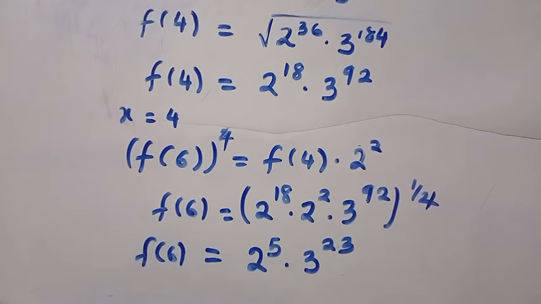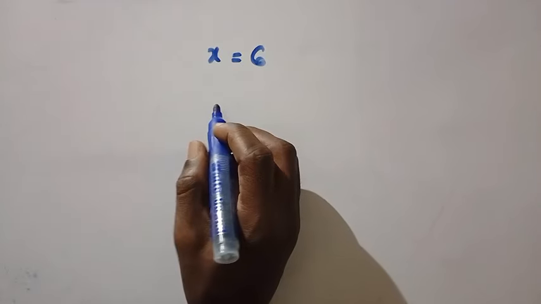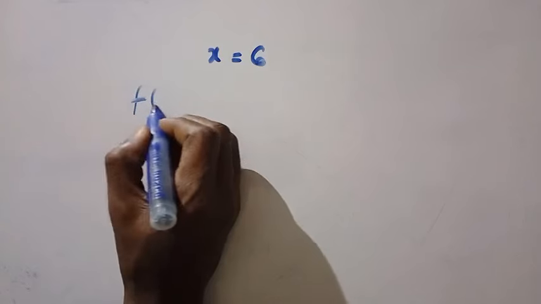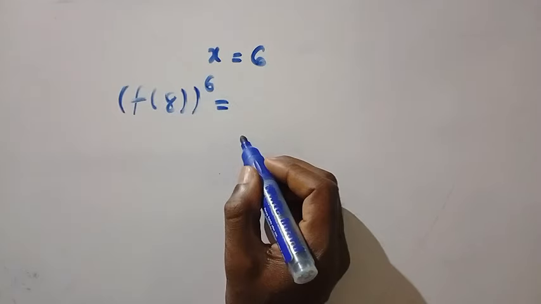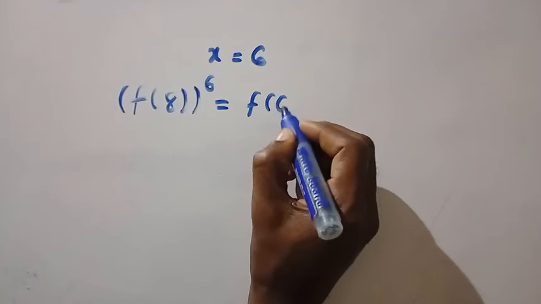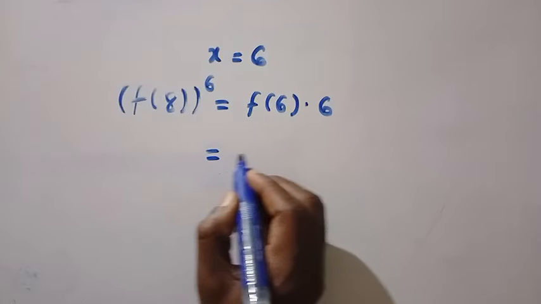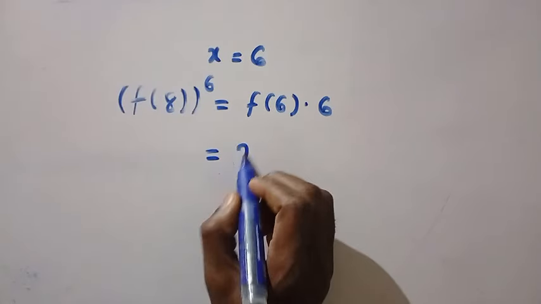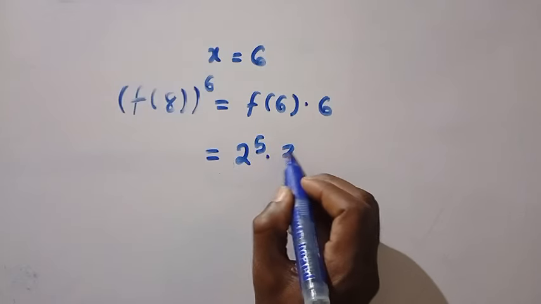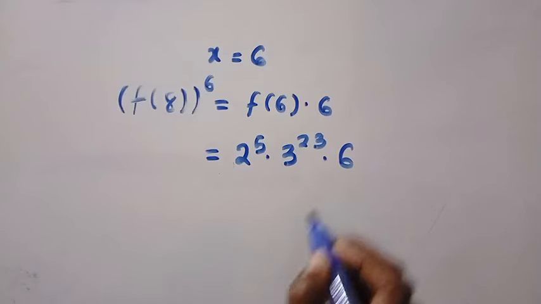And again, we are going to let x equals 6. For x equals 6, we are going to have f(8) all raised to the power of 6 equals f(6) multiplied by 6. So then we have f(6), which is given as 2 power of 5 multiplied by 3 power of 23, then multiplied by 6.